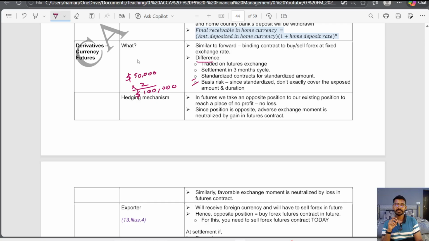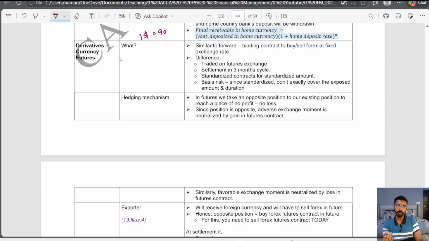Okay. So let's say as an exporter, your fear is that foreign currency will depreciate. You made sales for $1,000. Right now $1 is equal to 90. Let's say the risk is that the rate will go down.